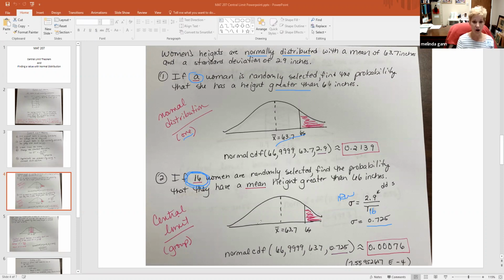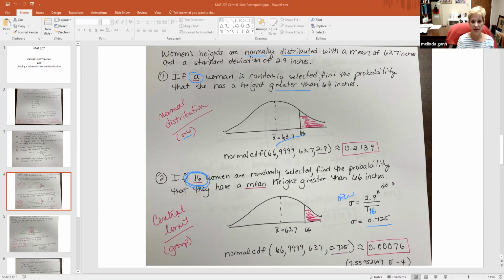My first step, draw my picture. There it is. What goes in the dead center of a normal curve? The mean. I want it greater than 66. So I put my 66, I shaded to the right because it said greater than. So I go to my calculator, normal CDF. So I put in my left endpoint, had to fool the calculator for my right endpoint. My mean is the same.